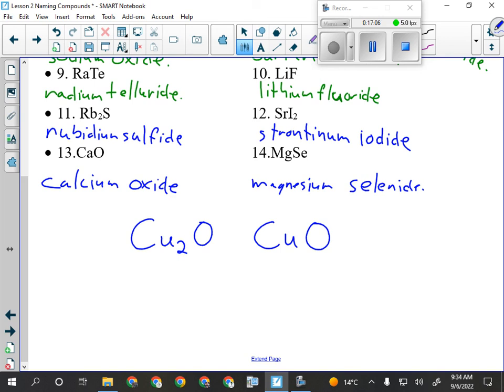Then how can they have the same name? Same elements, yes. But here's the problem we might run into. I'm not saying that this is true because it's totally not, but let's say that I'm reading this paper on nutrition and vitamin supplements, and it's saying, if you want to have healthier teeth, you need to have a little more cupric oxide in your blood, so you need to take supplements of this. Well, if they just say copper oxide, how do I know which one of these to take?